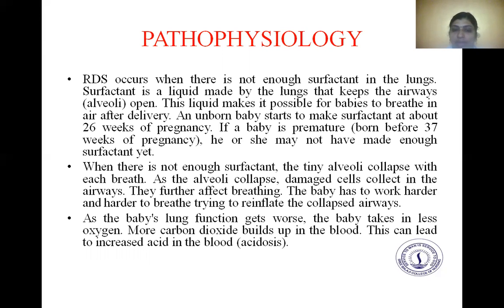Because of less surfactant production in the alveoli, the child cannot take in oxygen properly, so acid levels and carbon dioxide levels will be increased, and the pH level will be low. So acidosis will be found.